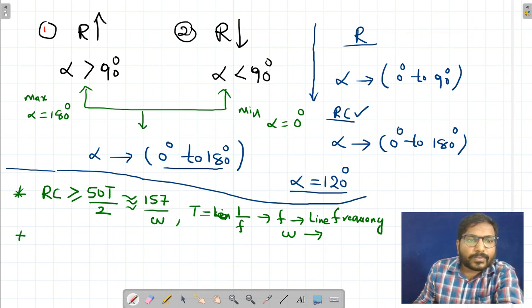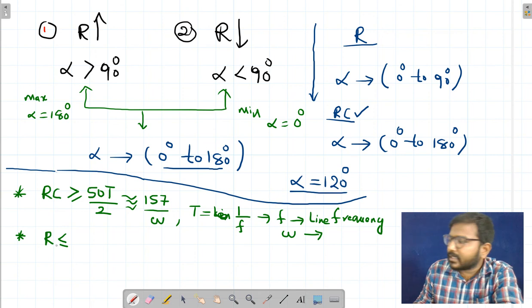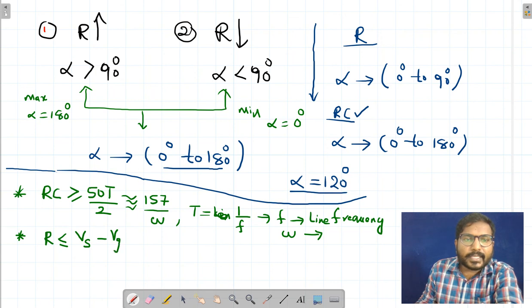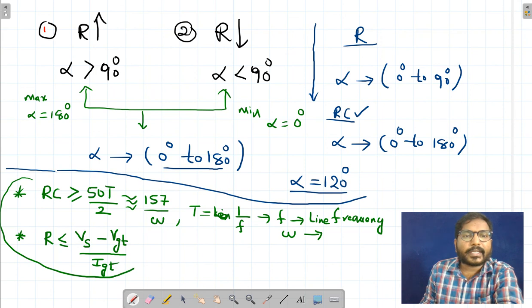Then for R less than (Vs minus Vgt) by IGT, these are empirical formulas. These formulas are useful to calculate R and C.